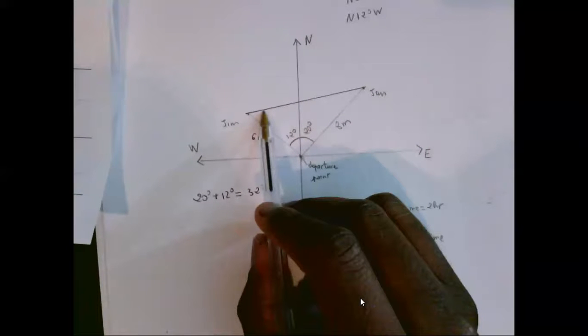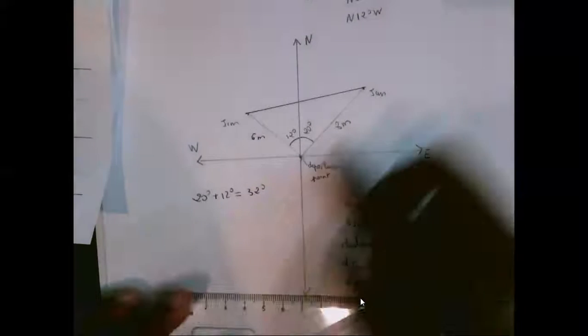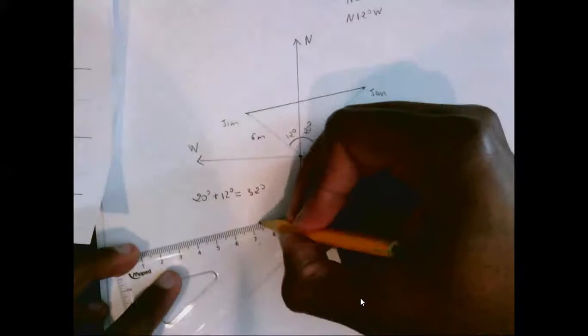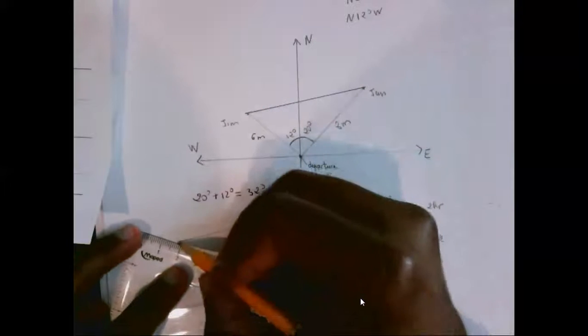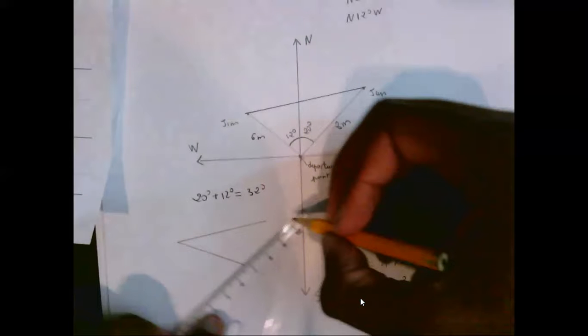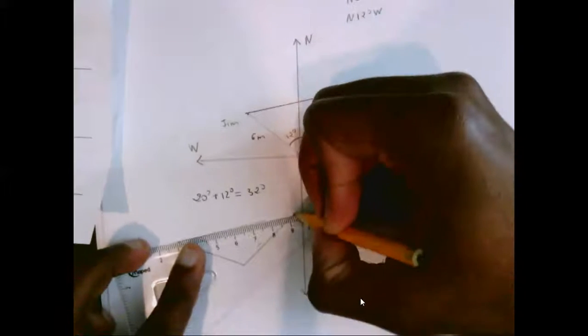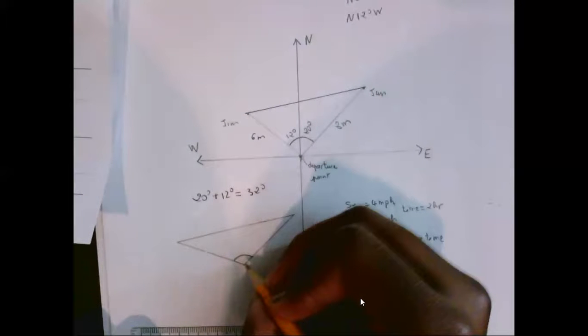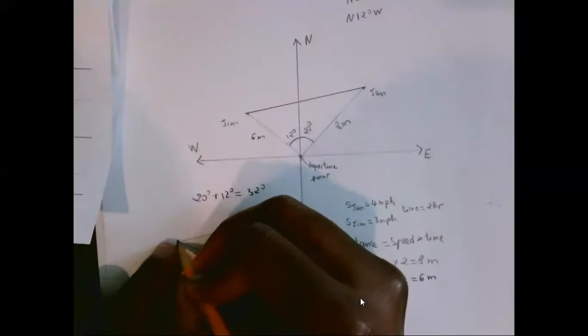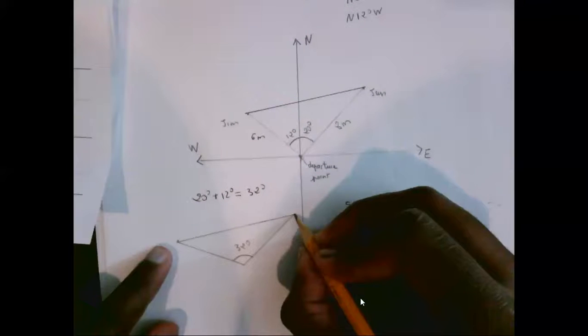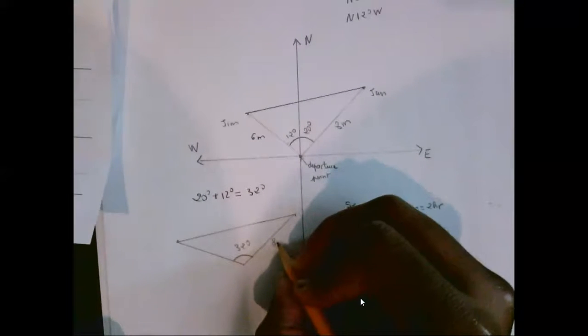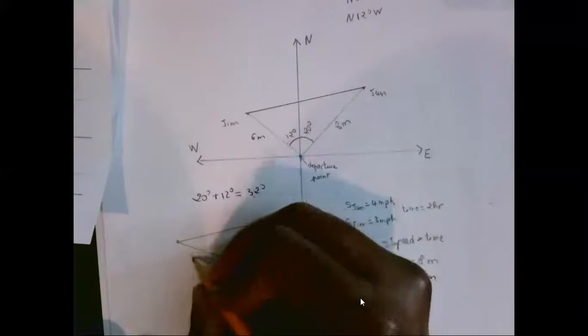So I represent everything as a triangle, like that. So I know that this angle is 32 degrees. This is Jim here, this is Jen here, this one is 8, this one is 6.